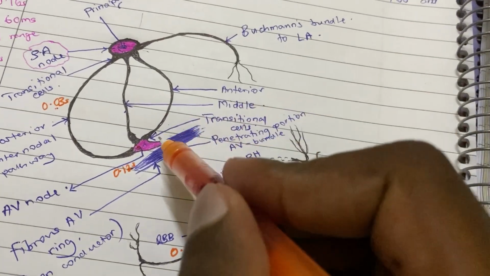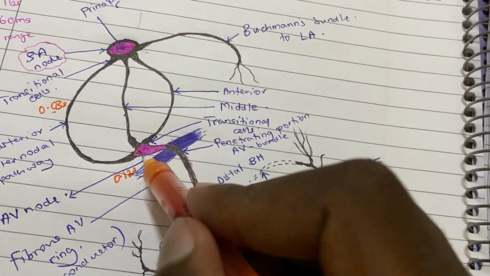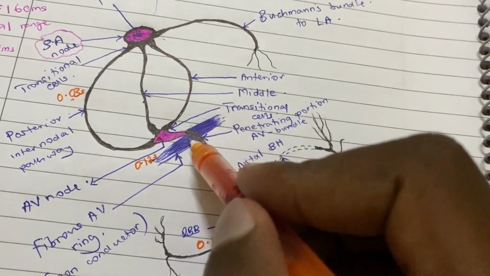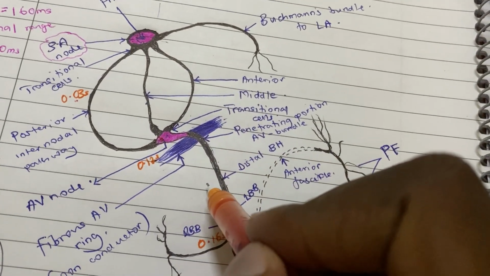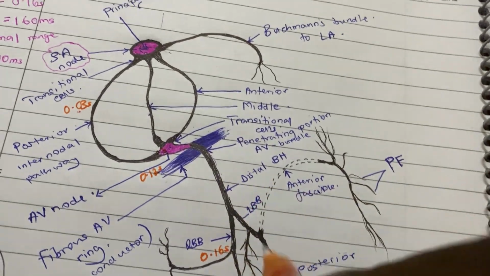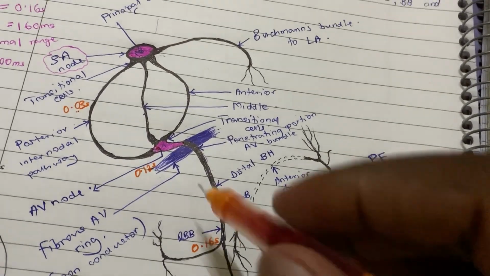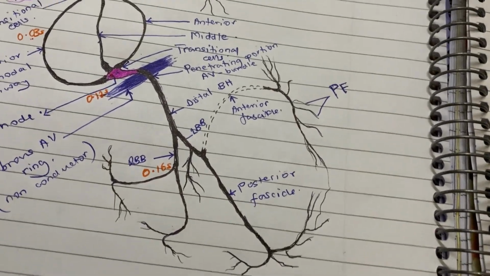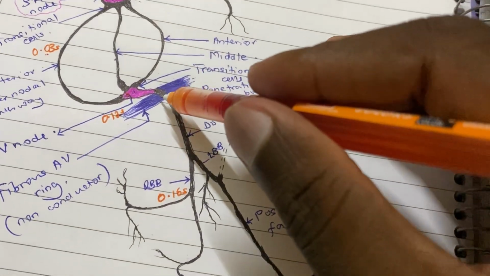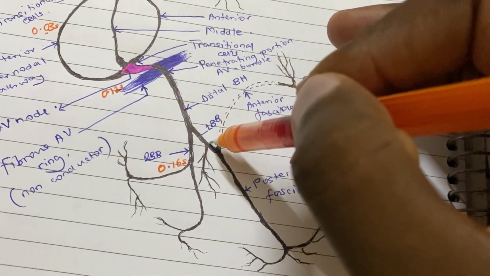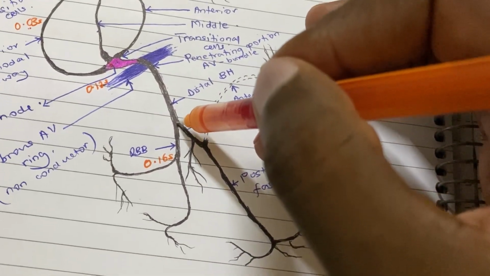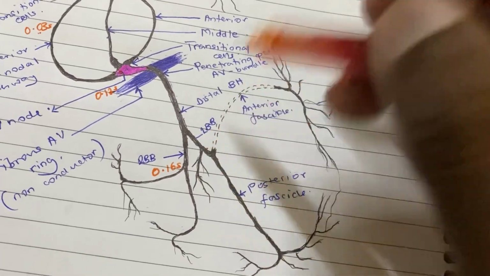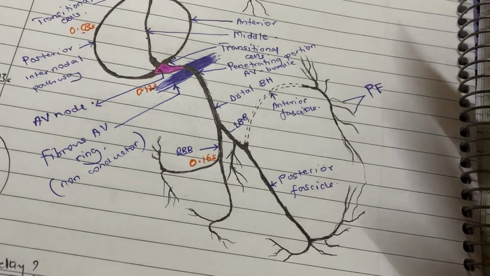The next is the movement of the cardiac impulse through the AV node, and then the bundle of His, and then bundle branches. When it crosses the AV node, it starts running in the interventricular septum. The bundle of His runs through the interventricular septum and later divides into the right and left bundle branches.